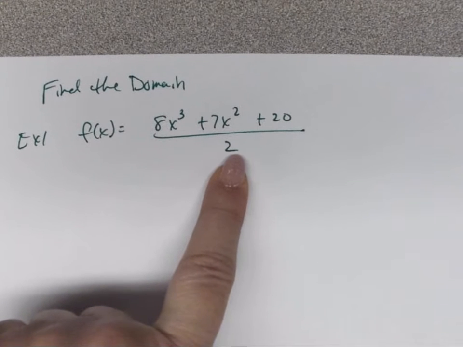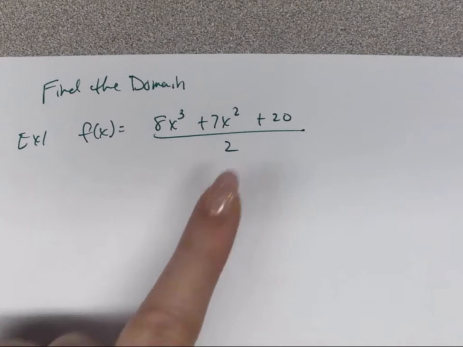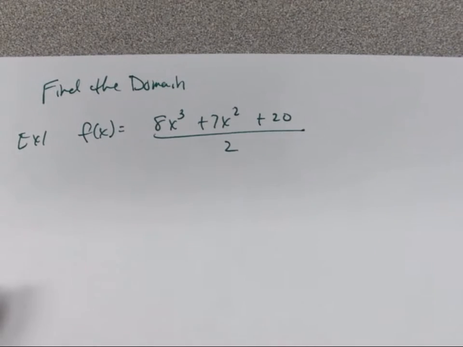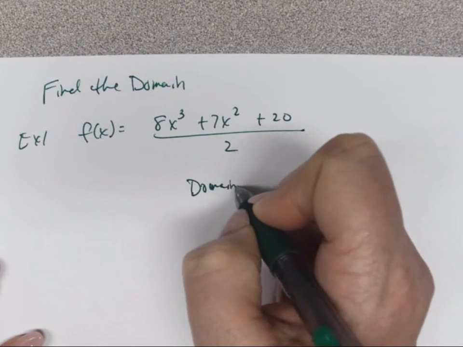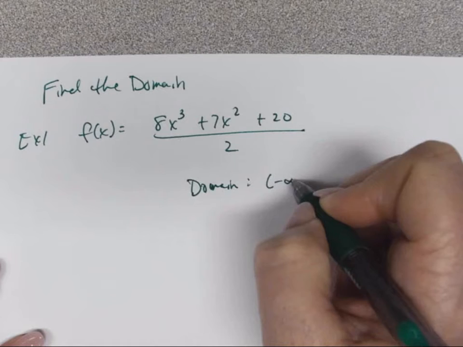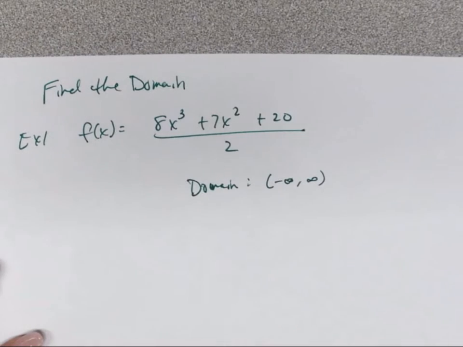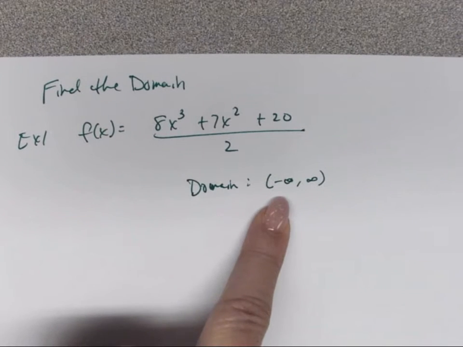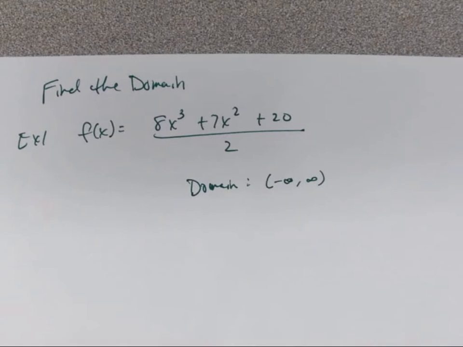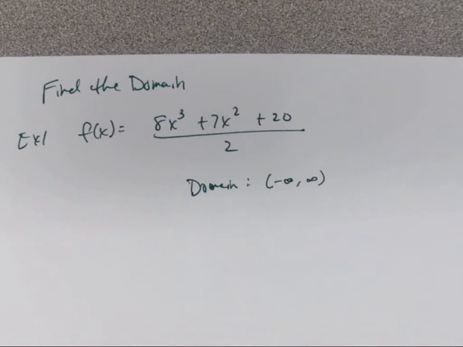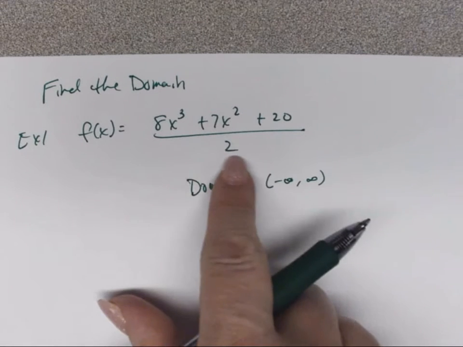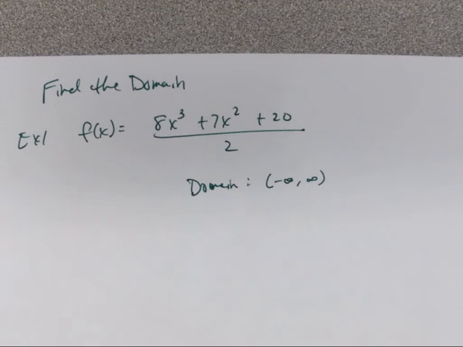Because it can never be 0, our domain is all real numbers, or from negative infinity to infinity. 2 can't ever equal 0 because there's no variable. It could if we were subtracting 2, but we're not.